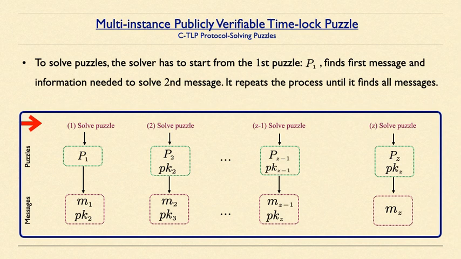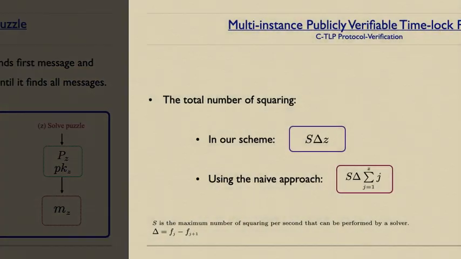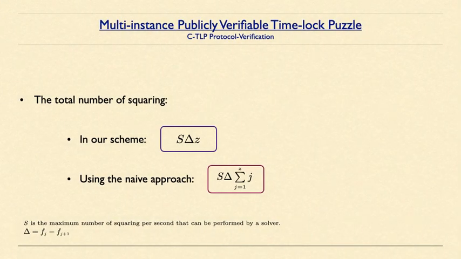By the end of this process, the solver finds all puzzles' solutions, M1, M2, up to Mz. As can be seen, our scheme requires fewer exponentiations than the naive approach would require. Therefore, our scheme imposes lower costs.